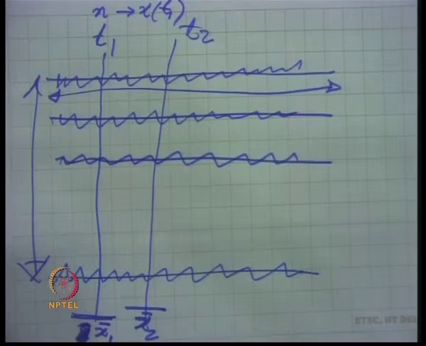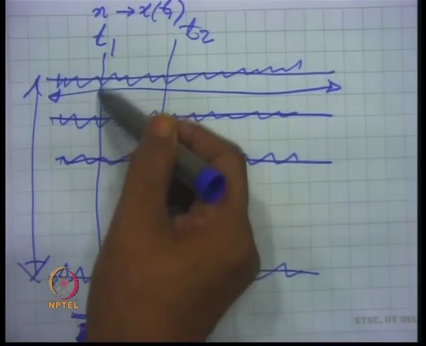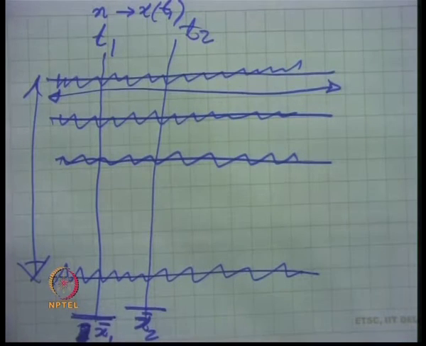Similarly, one can find out the mean square value of the values of x t1, x t2, x t3, and so on, and if it is found that these mean square values are again more or less the same, then we can say that the ensemble mean square value is invariant with respect to time.